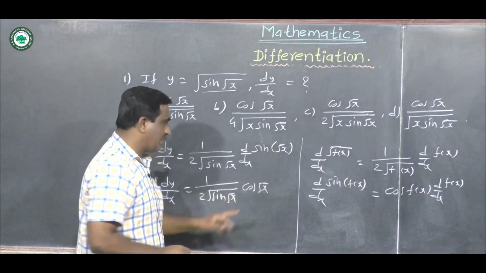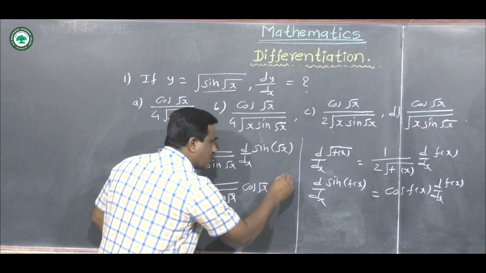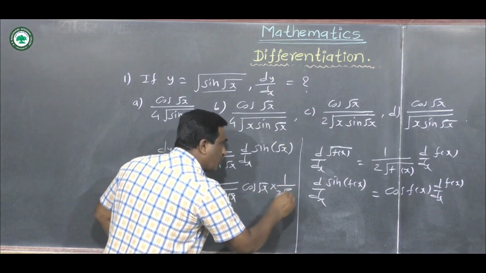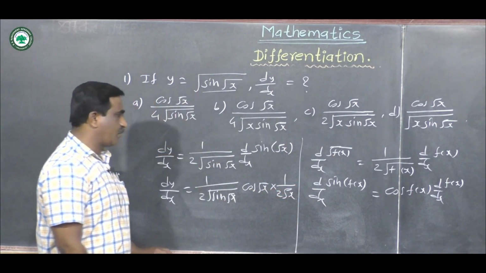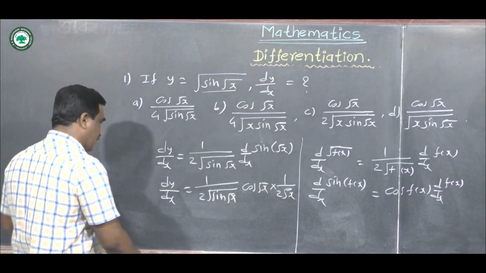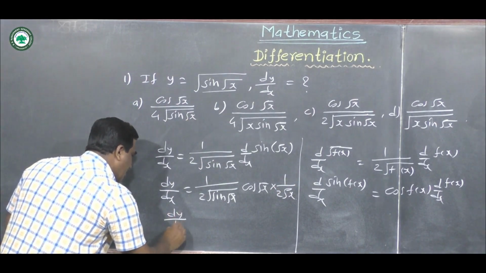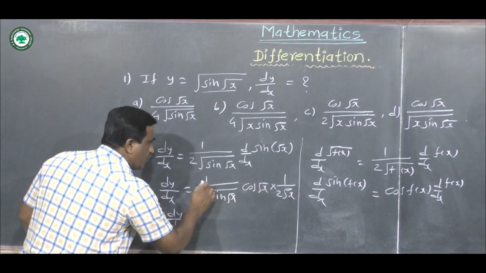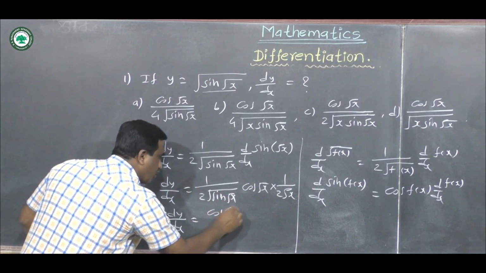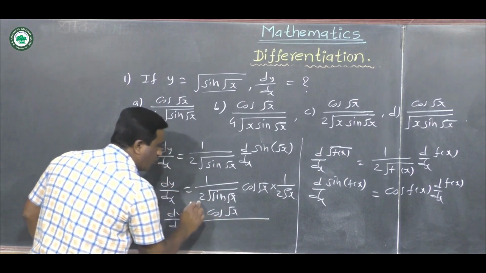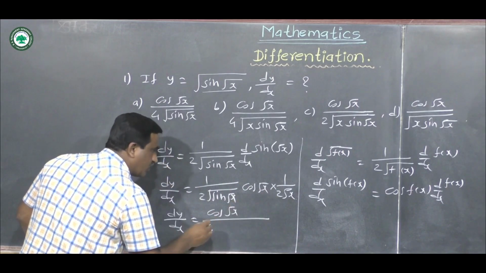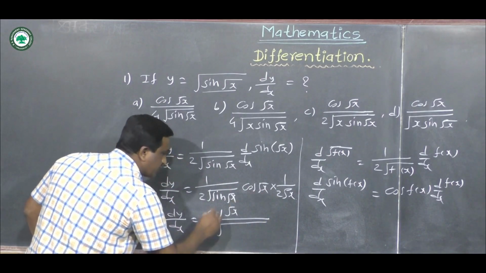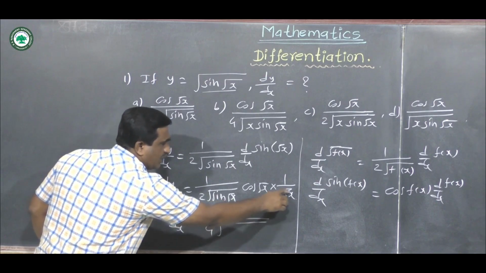Derivative of root x is 1 upon 2 into root x. That is, dy by dx equal to cos of root x into 1 into 1, upon 2 into 2, that is 4 under root sine of root x into under root x.